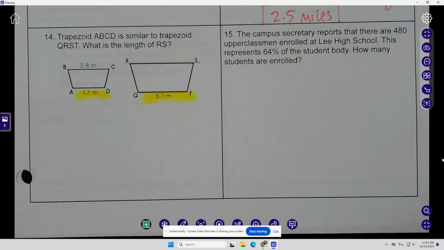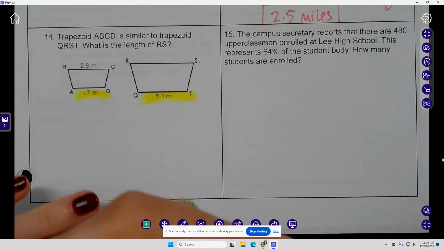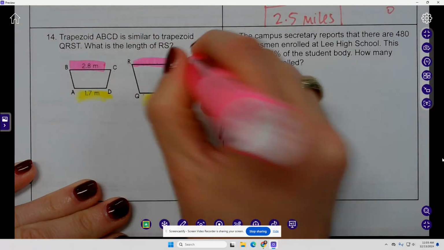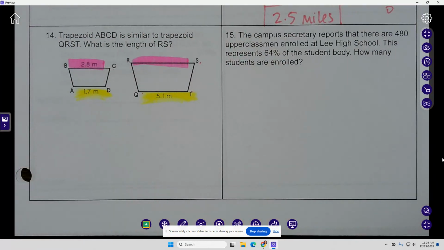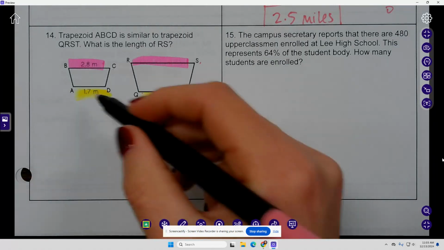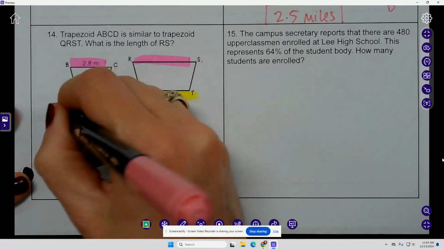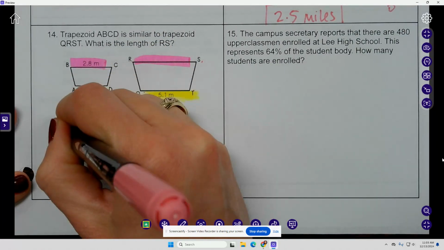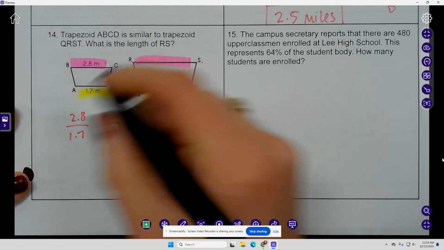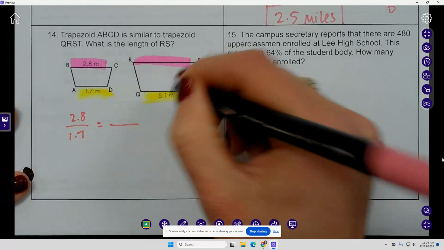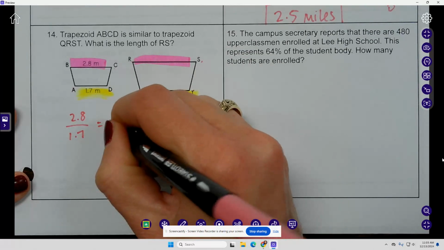So AD corresponds to QT, and then BC corresponds to RS. So I'm going to do 2.8 over 1.7. So I did pink over yellow. So I need to do pink over yellow. So x over 5.1.